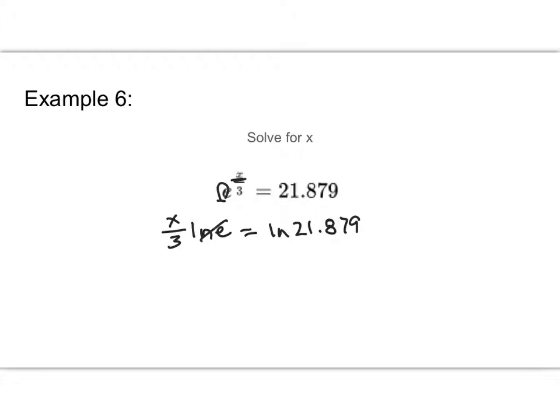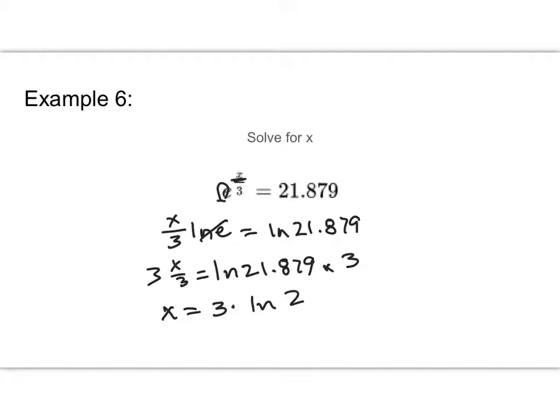Natural log of e is 1. So x over 3 is equal to the natural log of 21.879. And then I'm going to multiply both sides by 3. And I get x equals 3 times the natural log of 21.879.